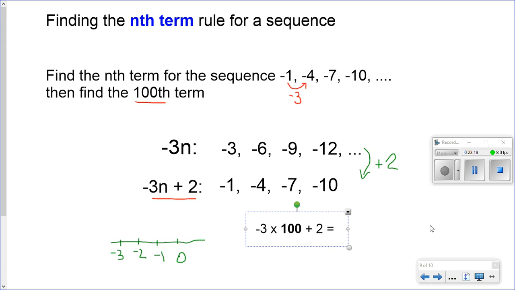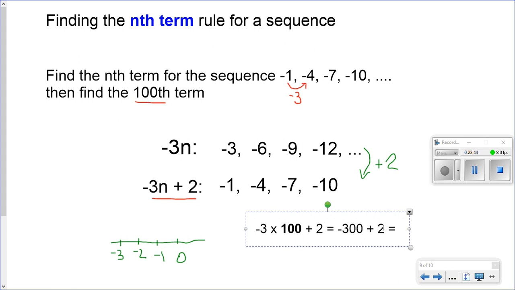Right then, take your time with this one. -3 times 100, that would be -300. I'm just going to write my working out, -300. But I still need to add on an extra 2. Now, you might be very quick and say, well, that's just -302. But just be mindful, I'm very deep in the negatives here.